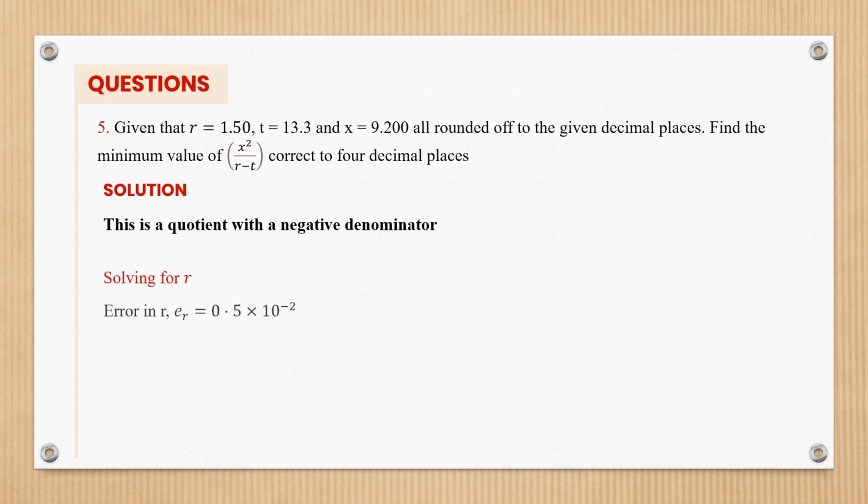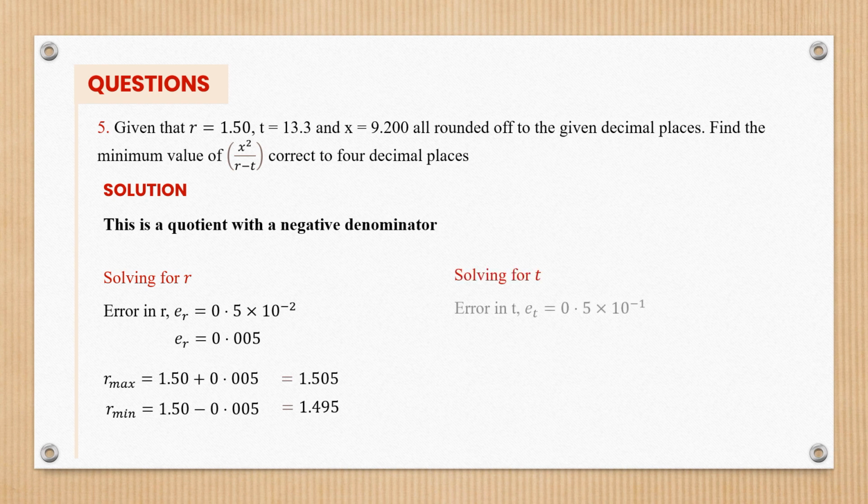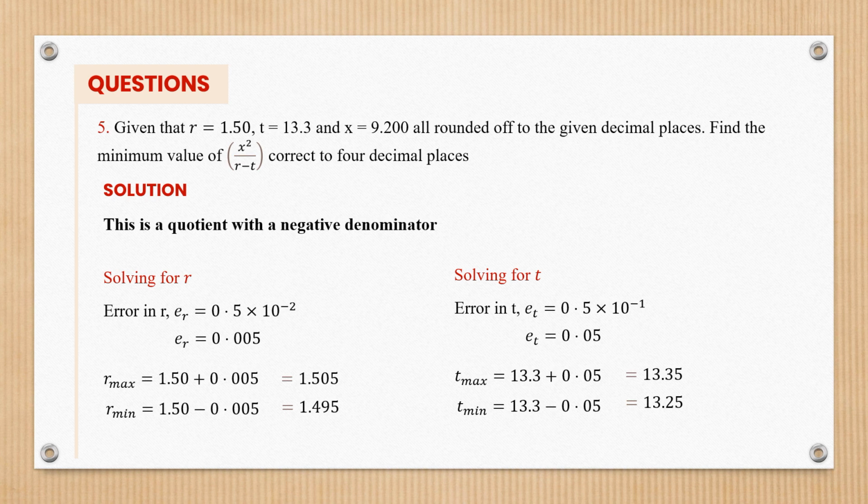Now let's solve for r. The error in r shall be 0.005, and then r max shall be 1.505, and r min shall be 1.495. Now let's solve for t. Remember t is to 1 decimal place, so we'll have 0.05 as the error in t, of which t max shall be 13.35 and t min shall be 13.25.